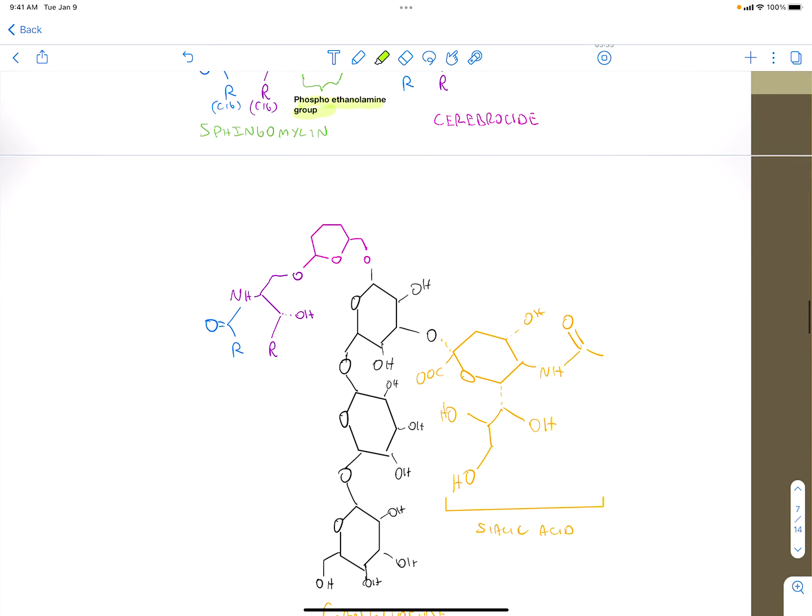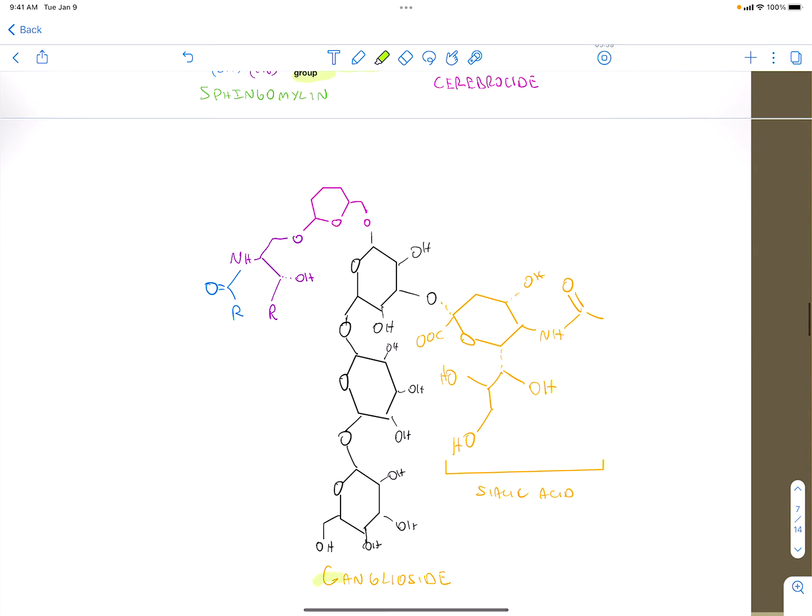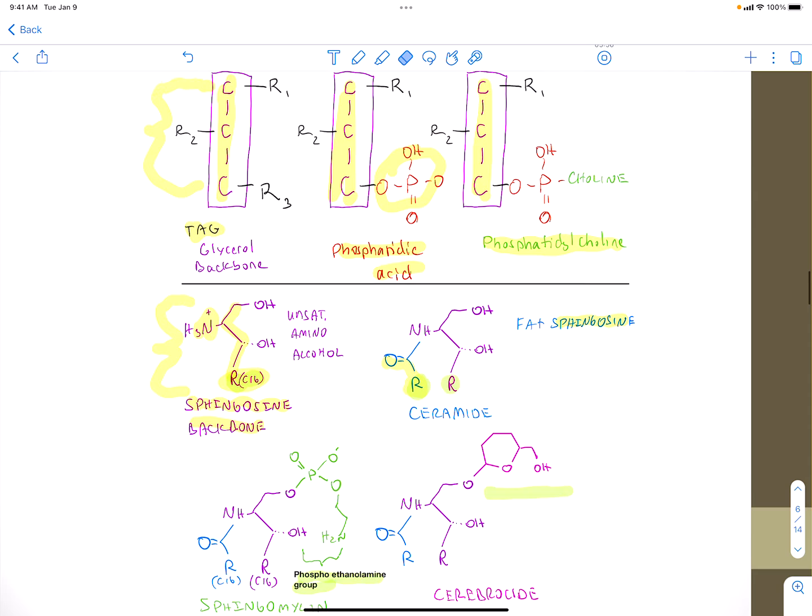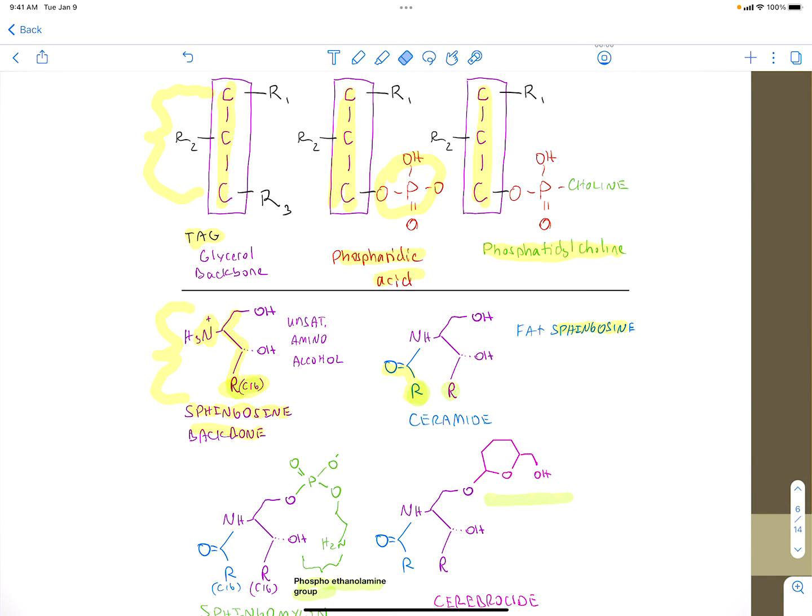And then to make a ganglioside, again, you have that ceramide backbone here, you have your cerebroside attached to it, and now you're going to get more attachments to it, including eventually a sialic acid residue attached to it as well. So basically, with these glycosylated fats, we're adding sugars, remember?